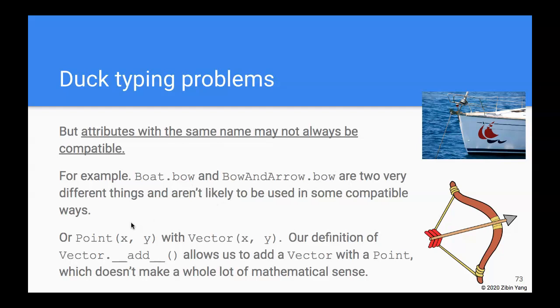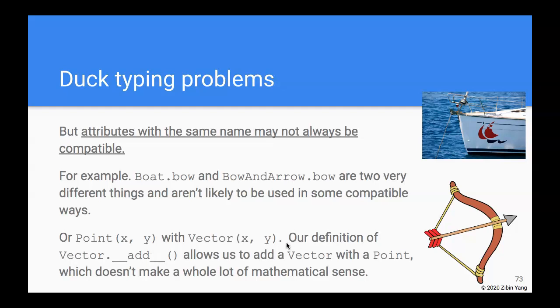And also, we defined a vector class before that represents a line with a direction and a length, and it has the attributes x and y, right? Now, we can also imagine that we define a point class that represents a point on a 2D plane, and that point also has an x and a y attribute.